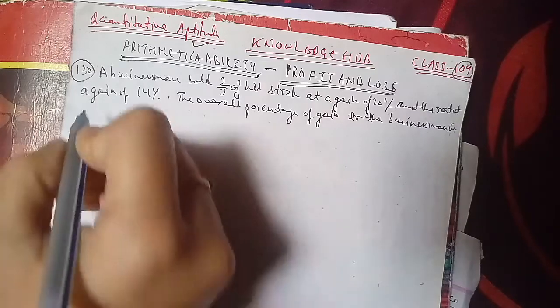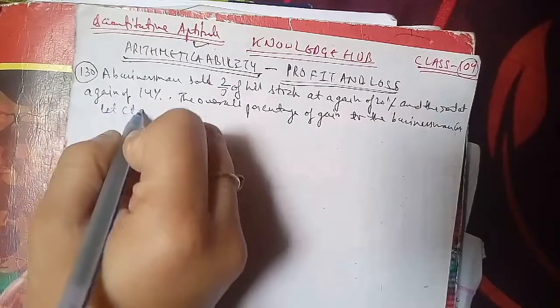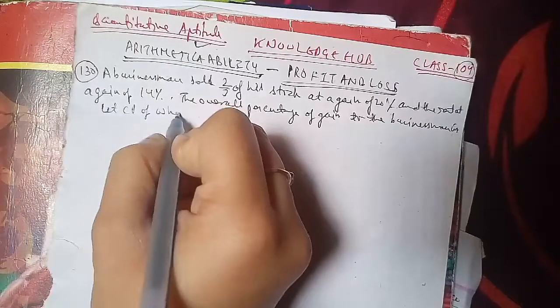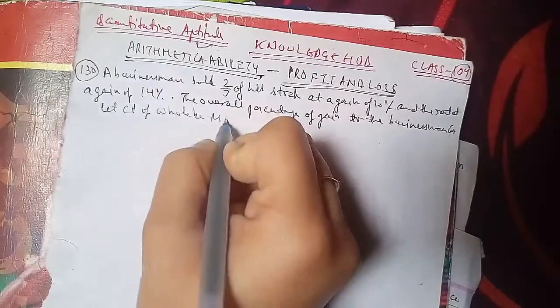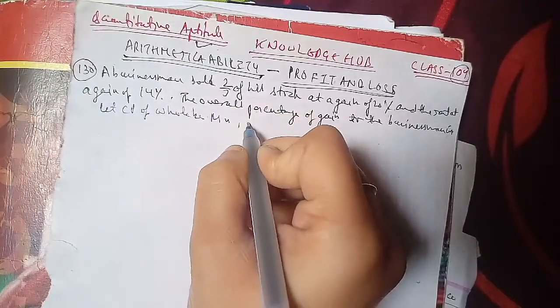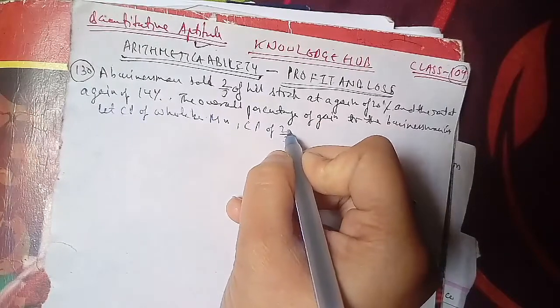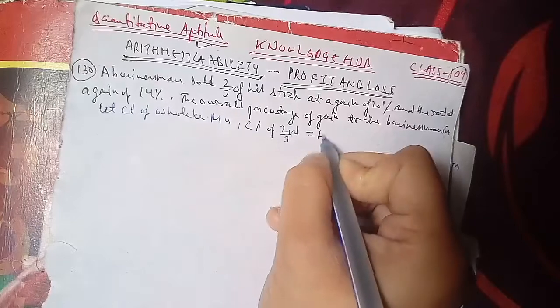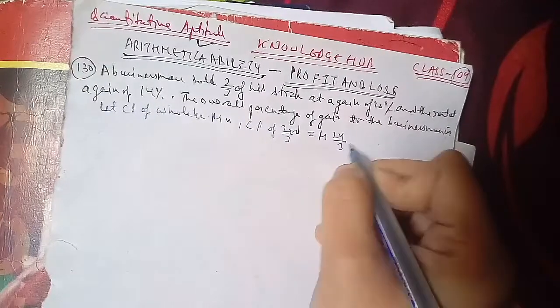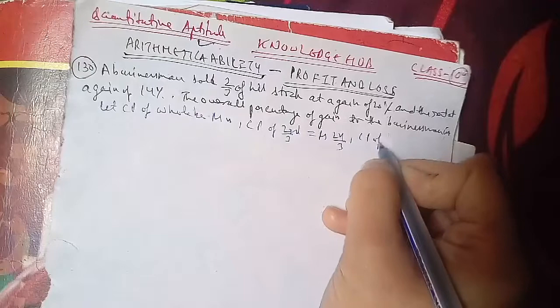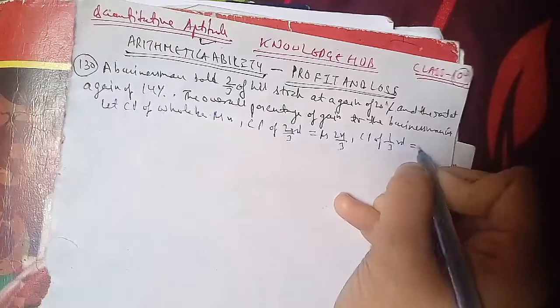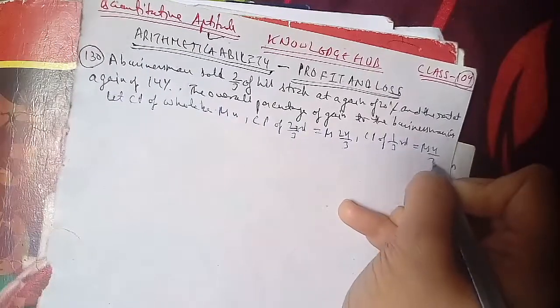Net cost price of whole be rupees x. Cost price of 2/3 equals rupees 2x upon 3, cost price of 1/3 equals rupees x/3.